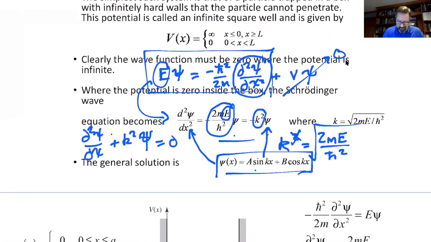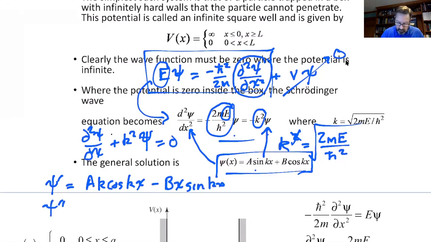Let's use a quick notation. Think about the fact that the first derivative of a sine would just be k cosine of kx. The derivative of that cosine is going to be a negative sine, minus bk sine of kx.